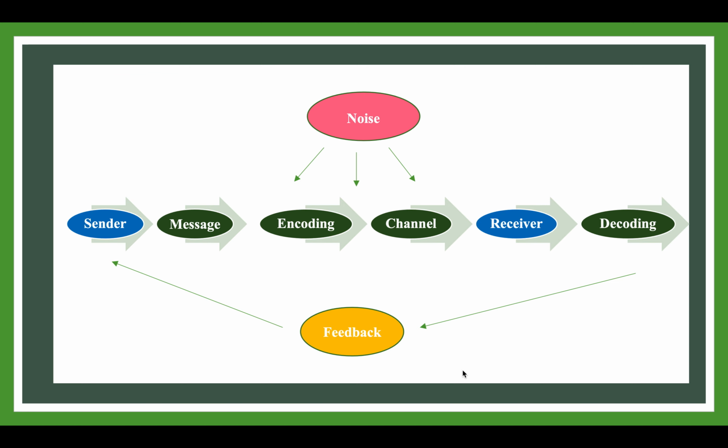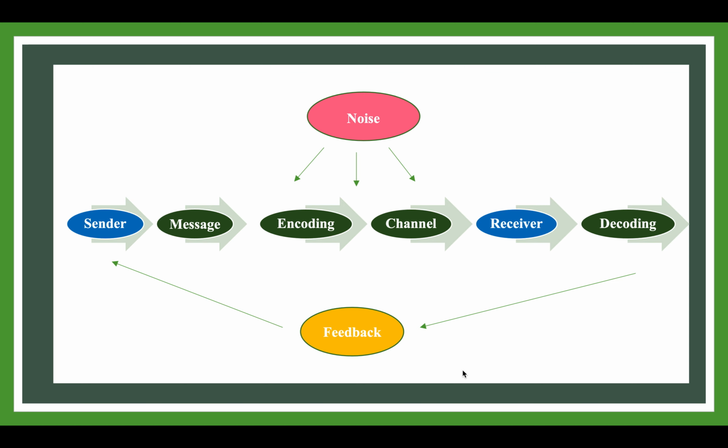Apart from that, the communication process is completed only when you receive a feedback from the receiver of the message. So the three main important aspects are sender of the message, receiver of the message and feedback. These are the three most important aspects. Apart from these aspects, there are few more important points and terms which we are going to learn today.